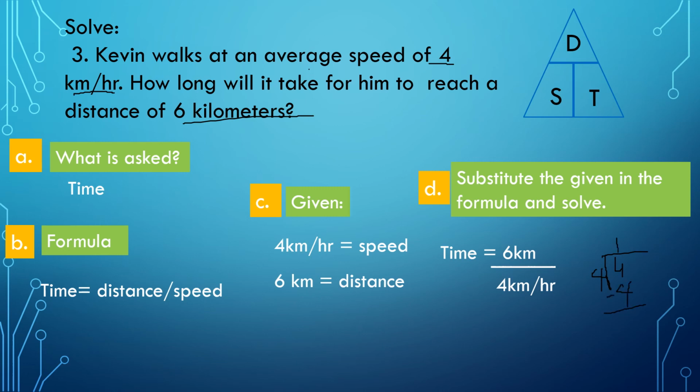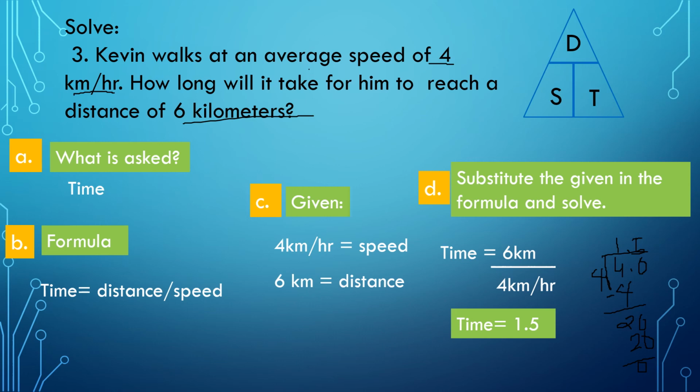Minus, 6 minus 4 is 2. Then you can add 0 here. Add 0, it means there is a decimal point here. So bring down 0, that is 20. 20 divided by 4 is 5. And 5 times 4 is 20. And this is equal to 0. So that is now time is equal to 1.5 hours.